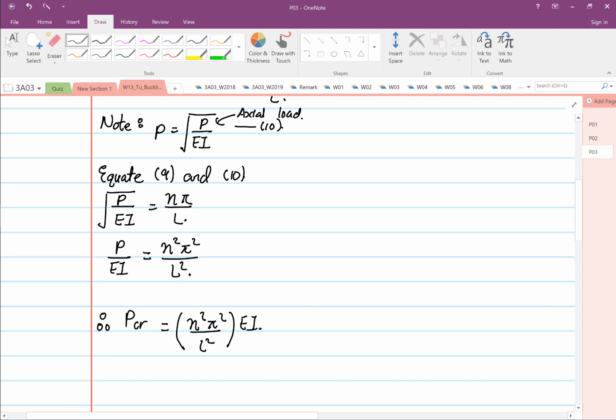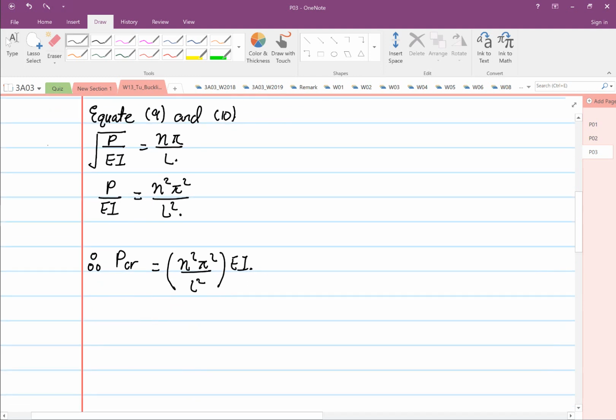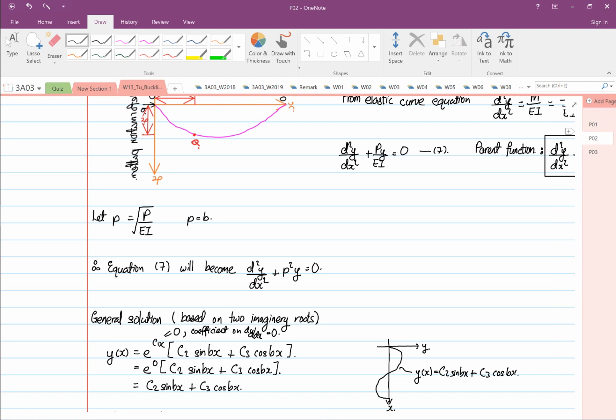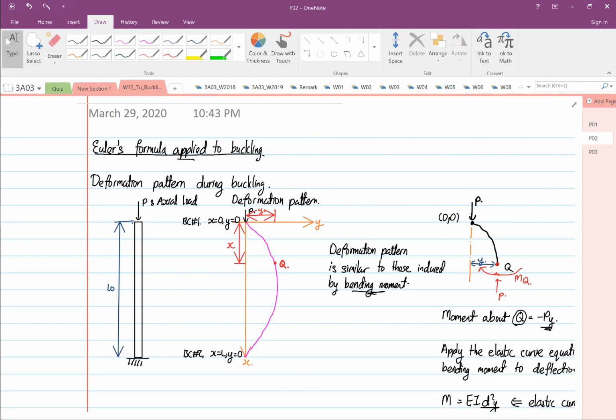If we look at the critical load or the stress induced by the critical load, it's the critical load divided by A. Sorry, I did not declare A earlier, I apologize for this.